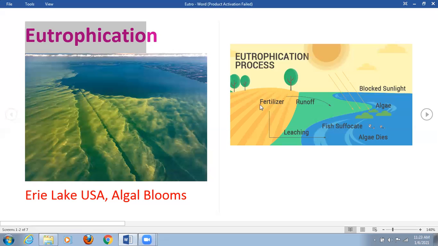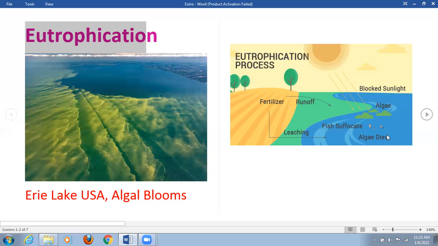And when all these things are discharged into the water body, a freshwater lake or freshwater pond, it contains phosphate and nitrate, and that is the favorable condition for the overproduction of algae and other phytoplanktons.